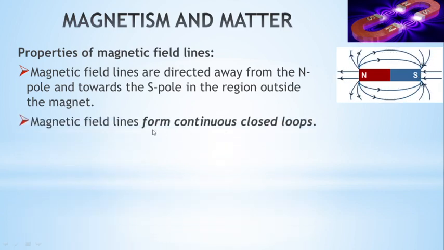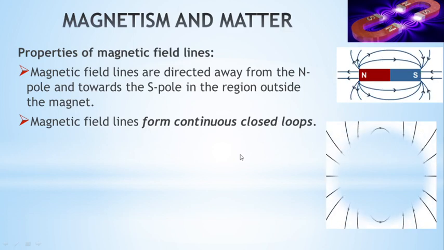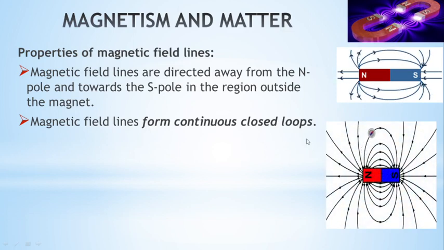The next one: the magnetic field lines form continuous closed loops. Closed loops means, see here from this figure, this line starts from the N pole and ends at the S pole. That means this line starts from this magnet and comes to the same magnet once again.